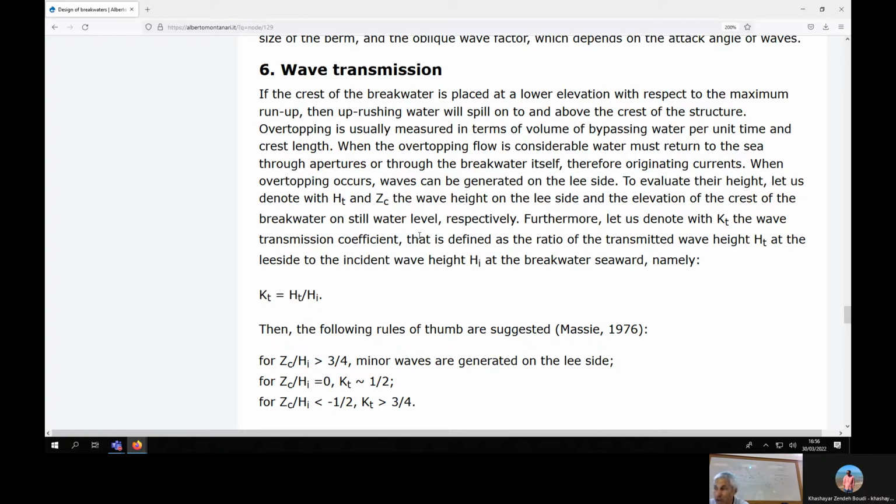So if HI is the incident wave height, we put it at the denominator. At the numerator we have the wave height on the lee side, and we expect that KT is less than 1.